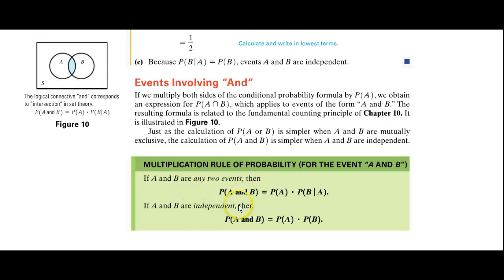So they are independent events when A and B, again, are independent. And we'll do some multiplication, as you'll see later.